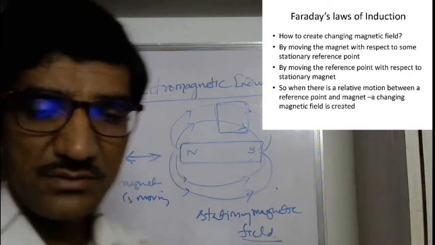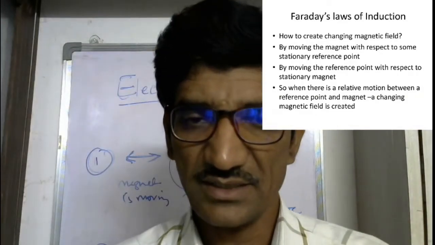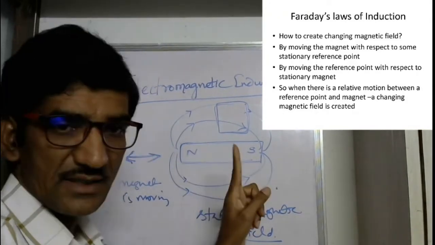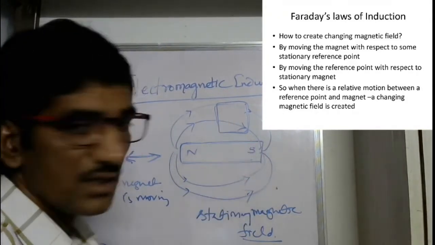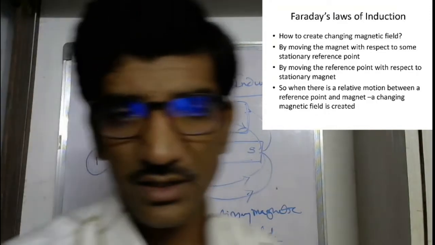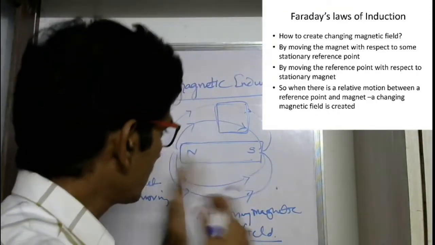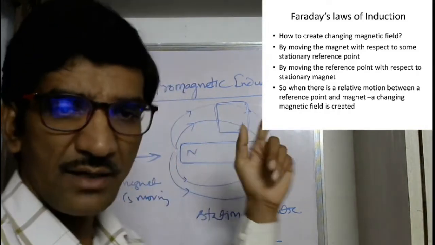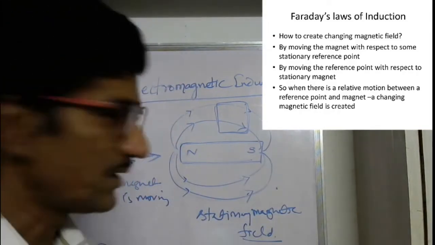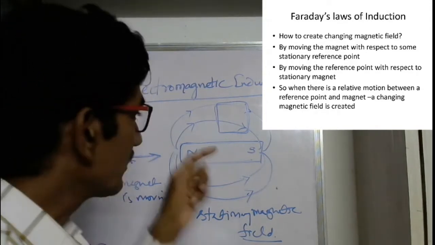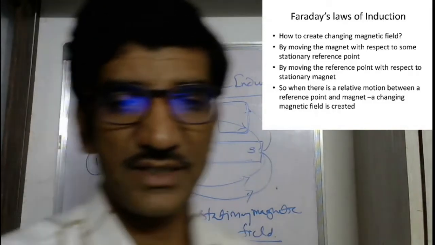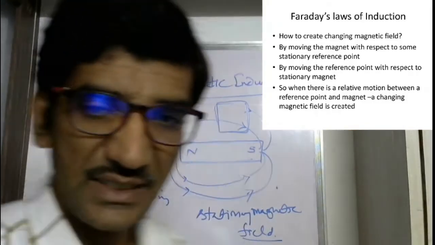So, in order to get a changing magnetic field at a place, you have to either move the magnet or move your reference area. If you change both the magnet and the area, then also you can achieve the variable magnetic field. But movement in any one of these two things is mandatory in order to get the variable magnetic field.